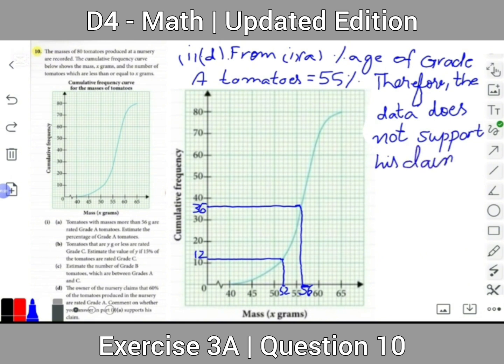Because he claimed that the percentage of grade A tomatoes is equal to 60%, but from part 1A we found the percentage of grade A tomatoes to be 55%, so his claim does not support the data.